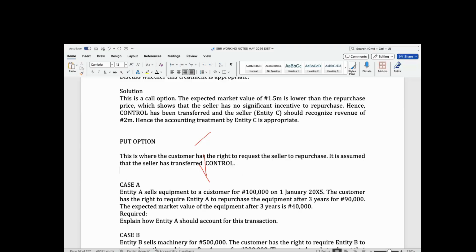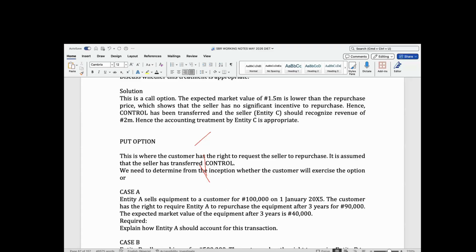Again, let me put it like this. We need to determine from the inception whether the customer will exercise the option or not.